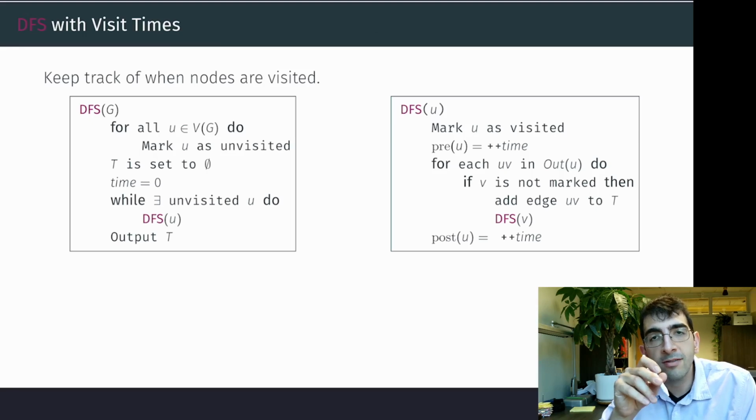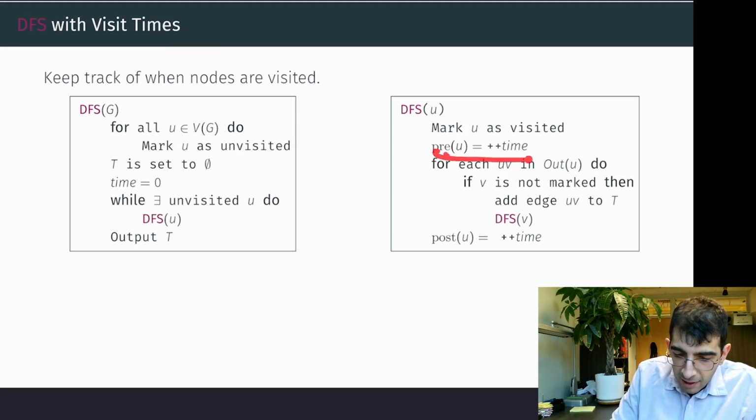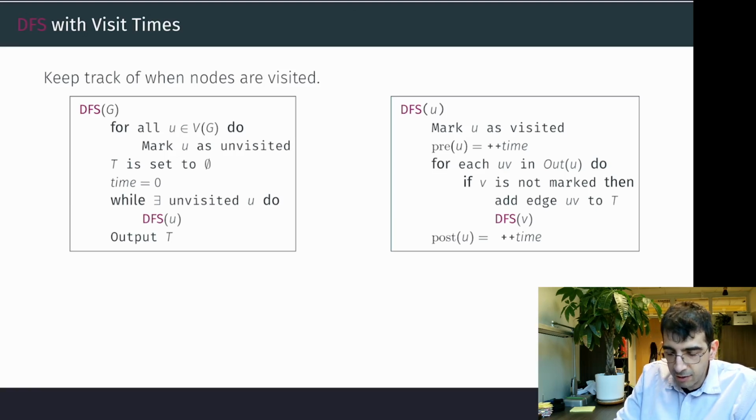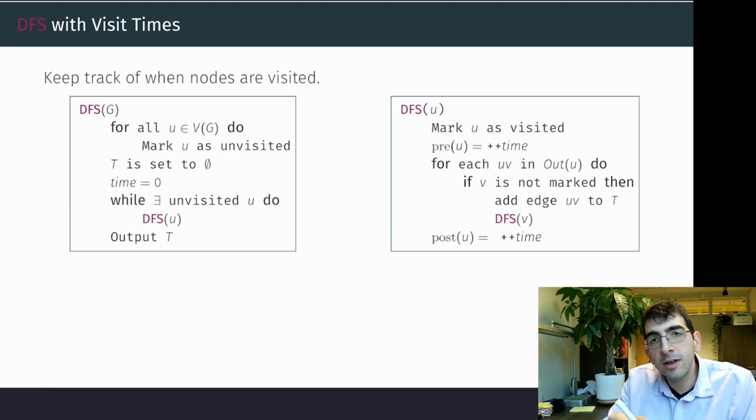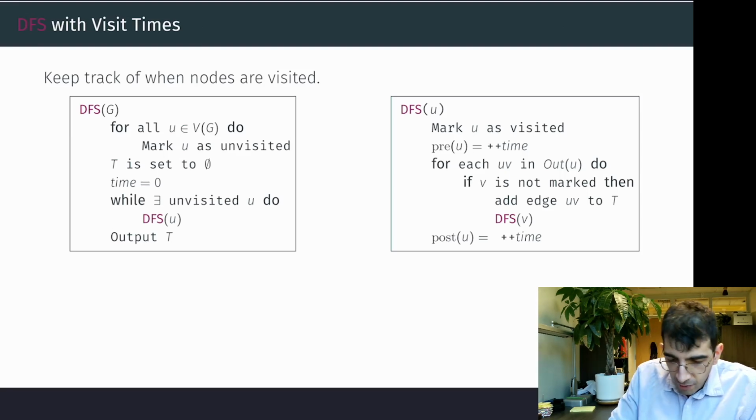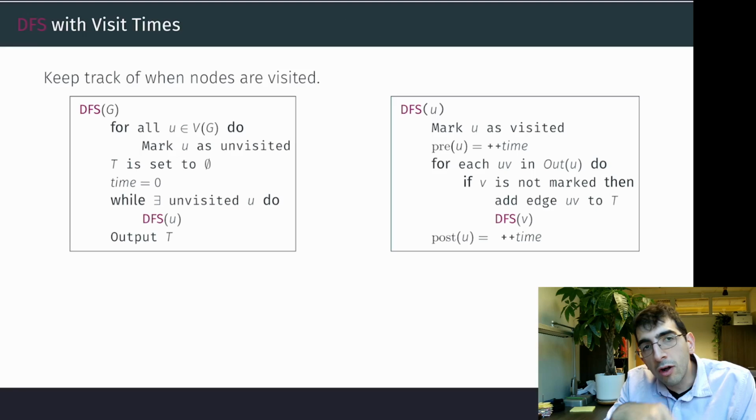In order to keep track of that time, we could simply have a pre-counter which denotes the first time that this particular vertex is entered, and a post counter which denotes the time when all the vertices adjacent to this vertex have been explored, and therefore the recursion on this vertex has finally ended.